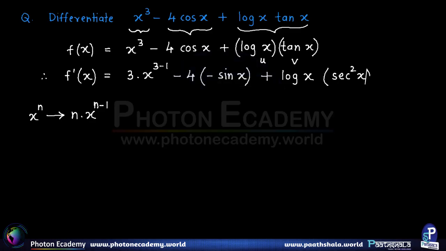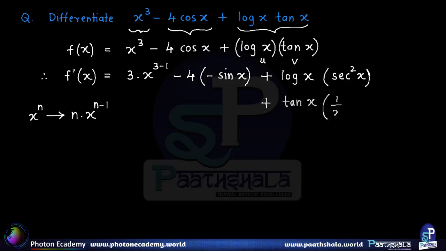And this you can verify in the standard table, that is derivative of tan x is sec square x, plus we have to write the second function as it is, that is tan x, multiplied by the derivative of first function, that is derivative of log x, which is 1 by x, right? So that completes the evaluation.